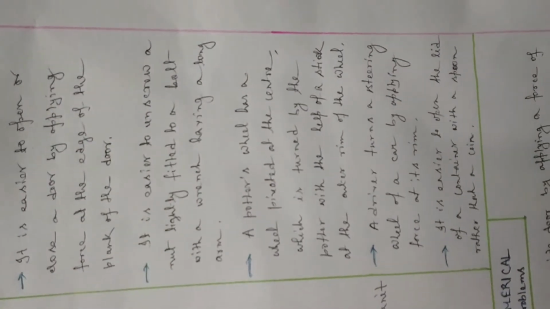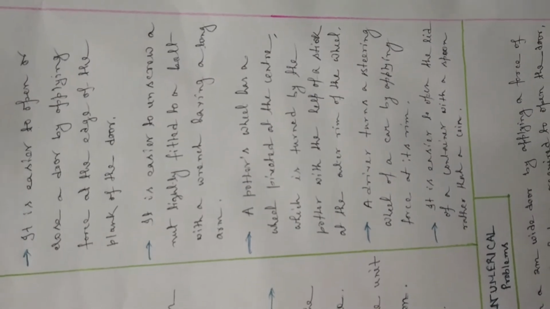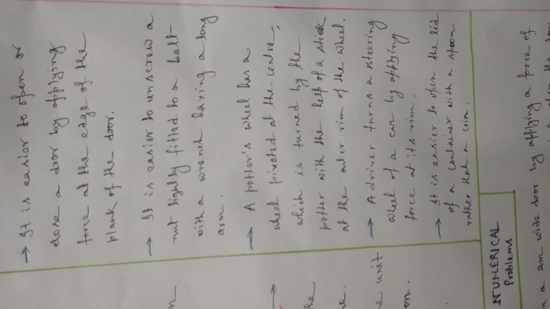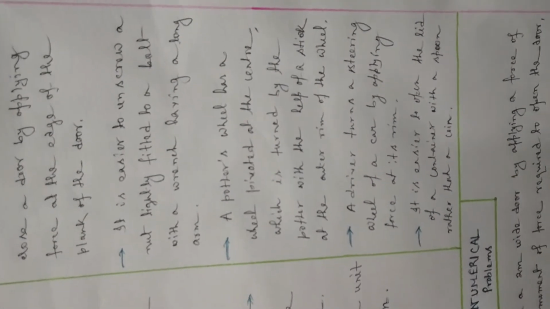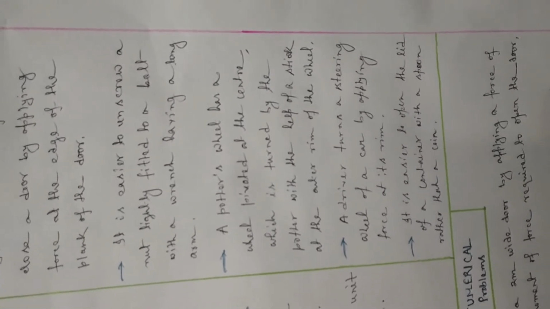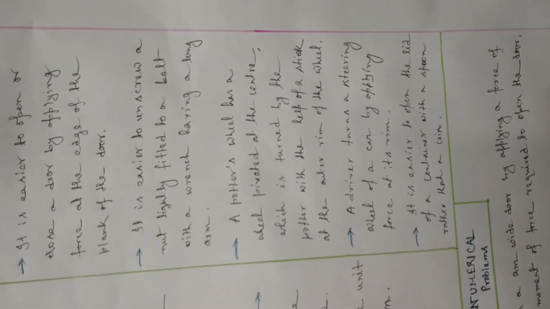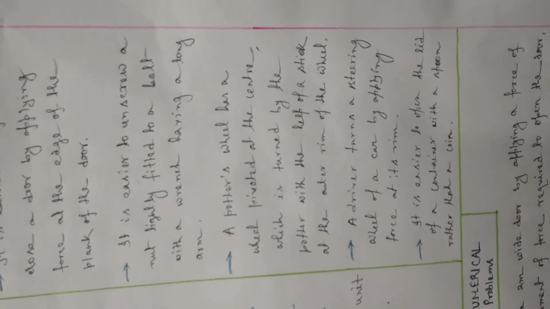A driver turns the steering wheel of a car by applying force at its rim. It is easier to open the lid of a container with a spoon rather than a coin.